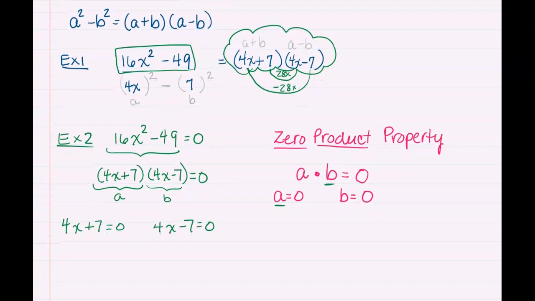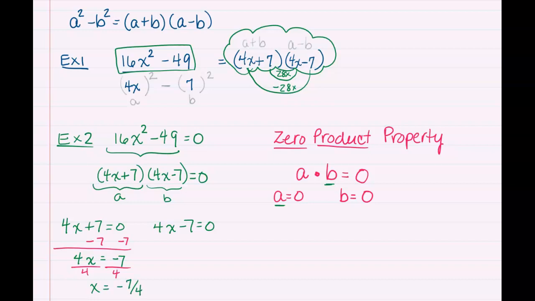Then we have two linear equations that we need to solve, so we're just going to solve them by subtracting 7 from both sides. And then we'll get 4x on the left, and on the right we'll get negative 7. We're going to divide both sides by 4, and we're going to find that x is equal to negative 7 over 4.